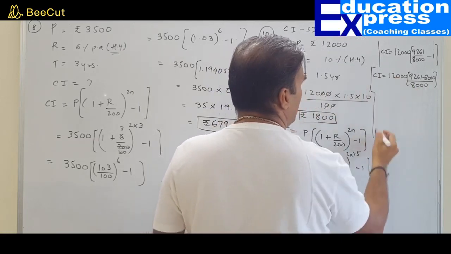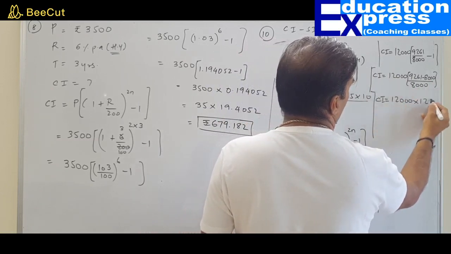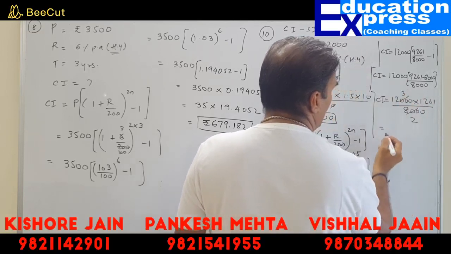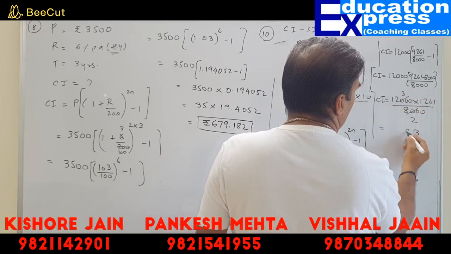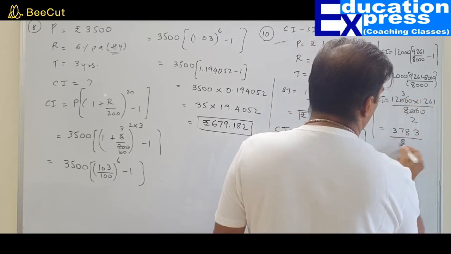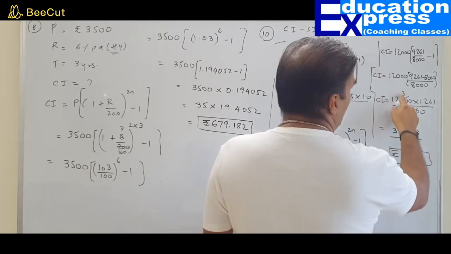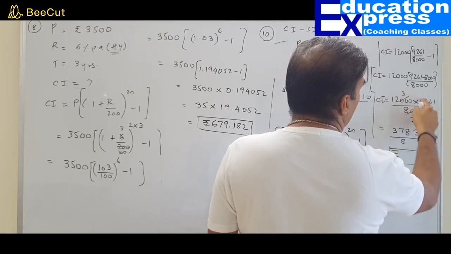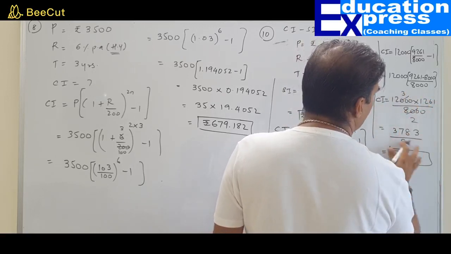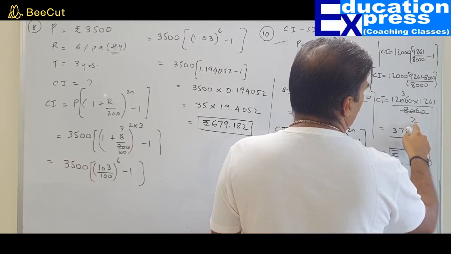So how do you find again the compound interest? It's going to be 12,000 multiplied by 1261 upon 8,000. 2s are 3s are 3, 3 upon 8. So we need to find out what exactly. 3 into 1261, upon 2, because this was 4,000, 2s and 4,000, 3s.